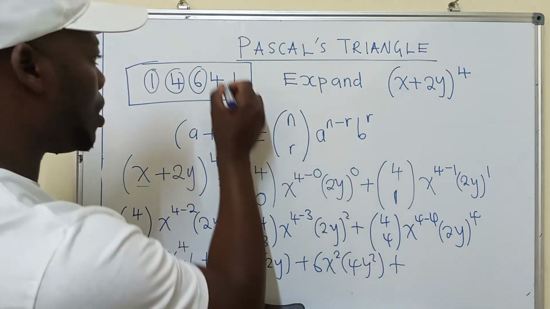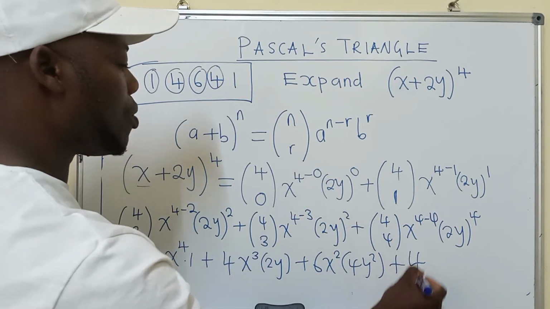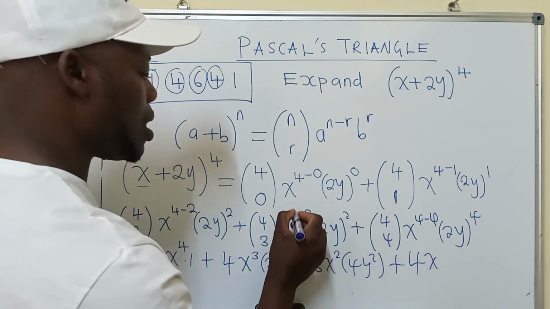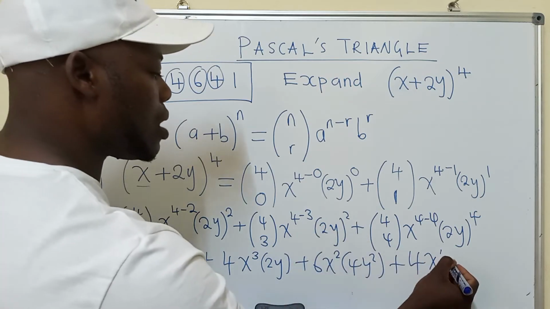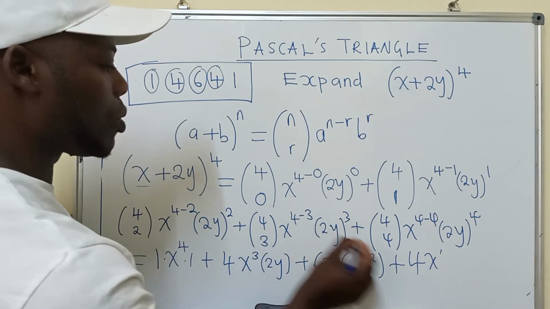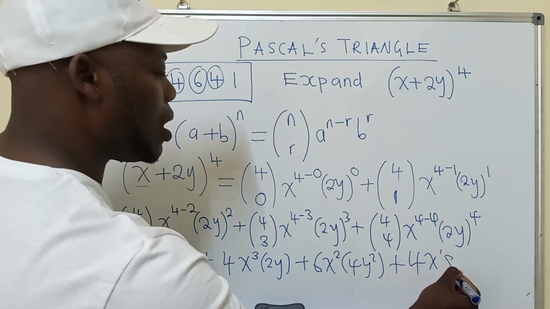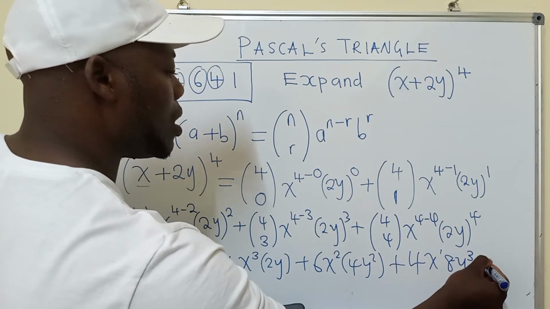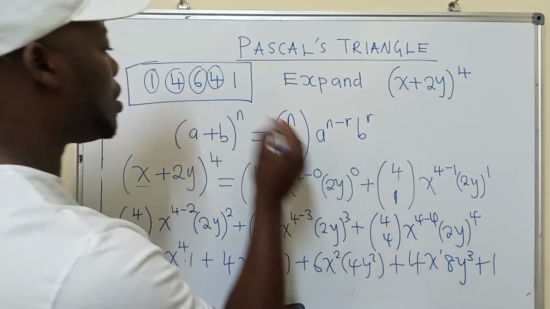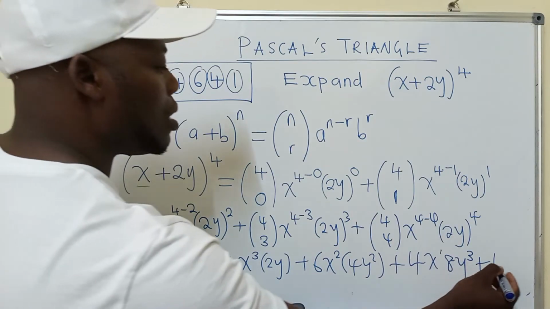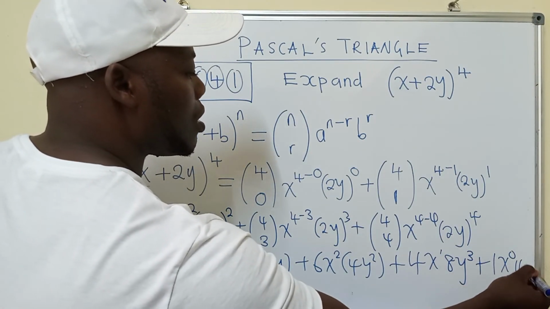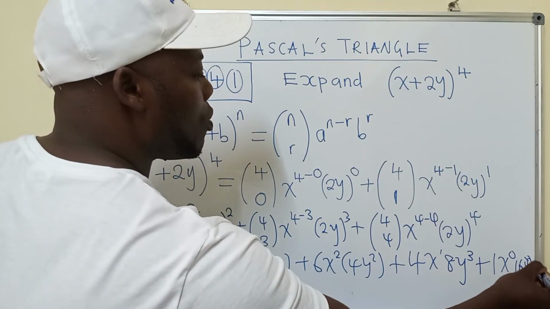So this is a 4 as a coefficient. 4x power 1 here. And then here we shall have, actually here it's supposed to be 3. Because of 3, it's supposed to be 3. We shall have 8y power 3. And plus, here it's a 1 as a coefficient. It's a 1. So x power 0, this is 16y power 4.